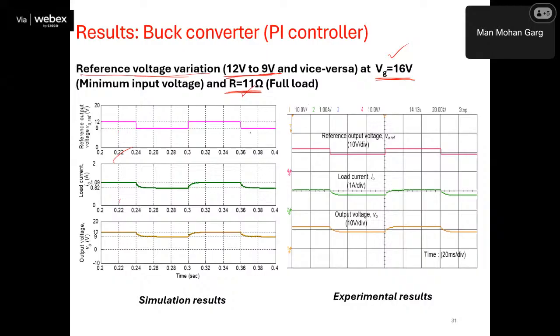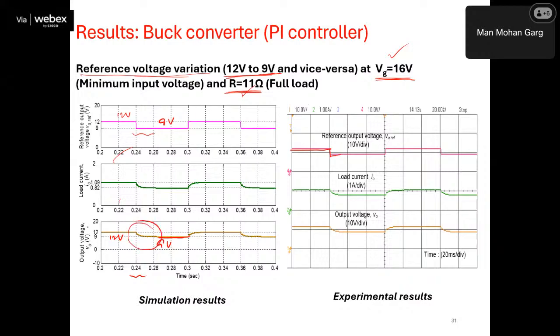So what we see here: when we change this reference voltage, at this time, 0.24, the reference voltage is changed. This is the load current and this is the output voltage. This was 12 volt, and now this has become 9 volt. So the output must follow 9 volt.